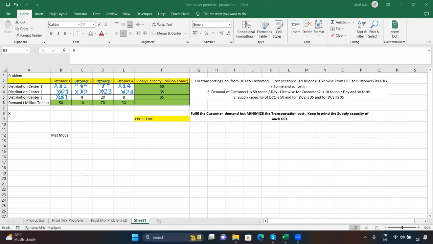Similarly, for the next one, that will be x32, x33, x34.